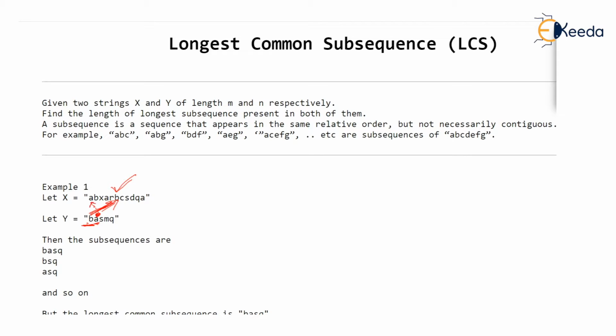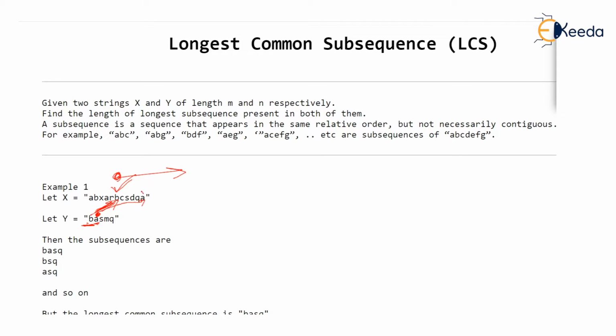But once we have approached B here, we have to go in the same direction, left to right. So we cannot come back in the direction and say that A is found at the very first place. The only match that we can do for the second letter of Y, that is A, is the A appearing at the last place here.